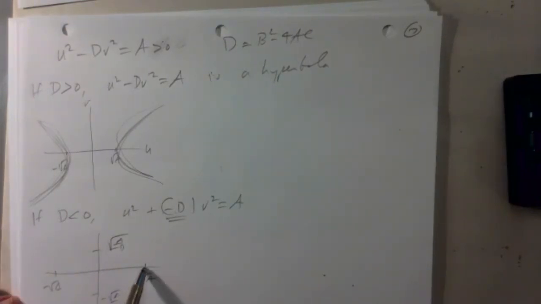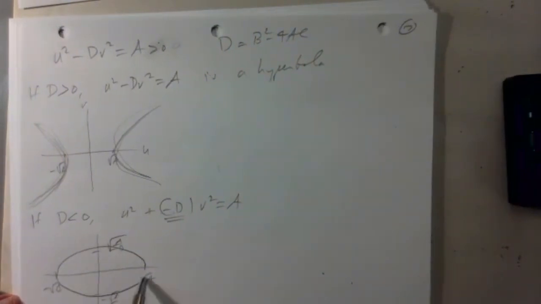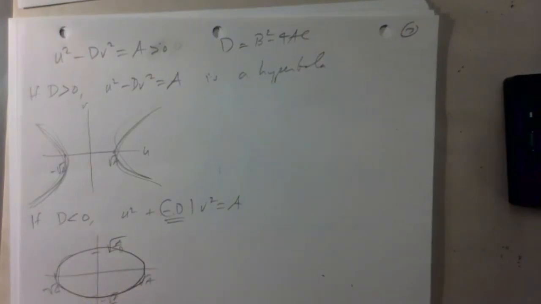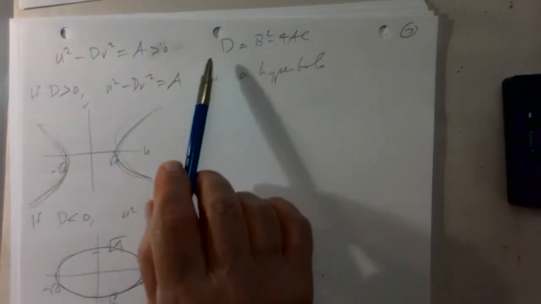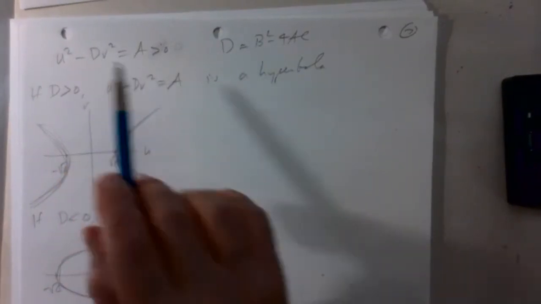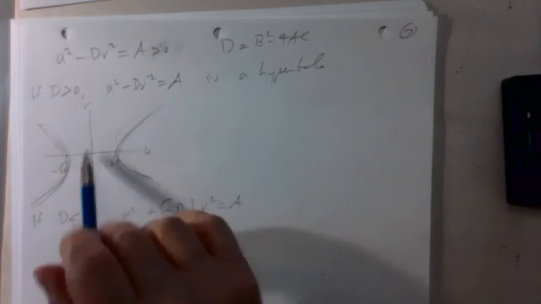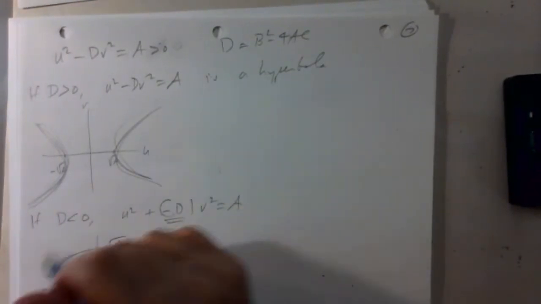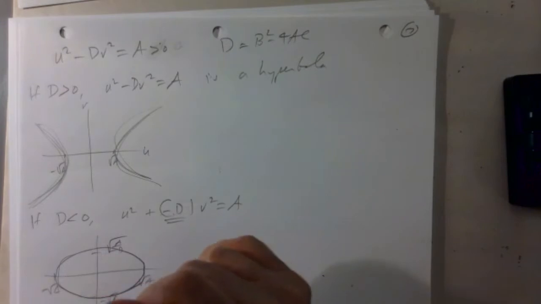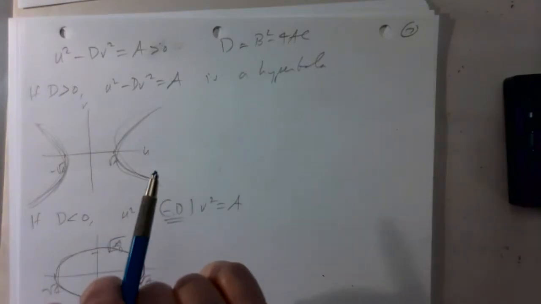Those are the x and y intercepts, and you get this ellipse. So if this discriminant d is positive, this quadratic has the shape of a hyperbola. If the discriminant is negative, this quadratic has the shape of an ellipse.